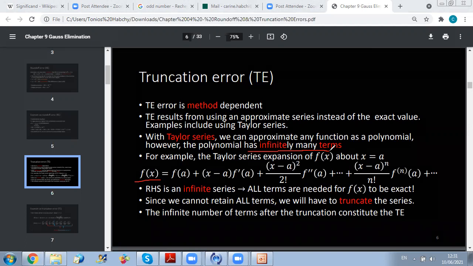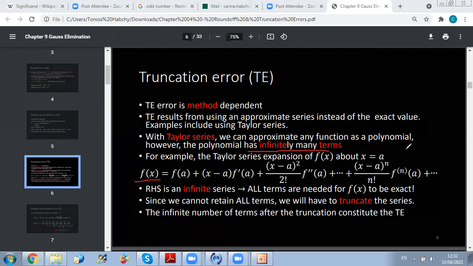I will select a certain number of terms to add. So depending on the number of terms I keep, the truncation error will vary. Of course, the higher the number of terms I keep, the higher the accuracy, and the lower the truncation error.